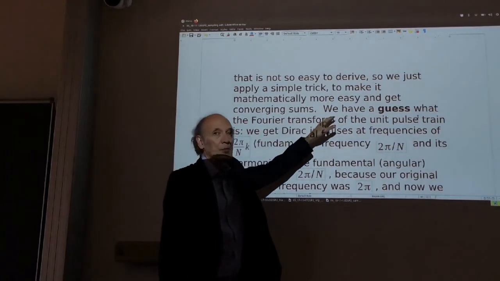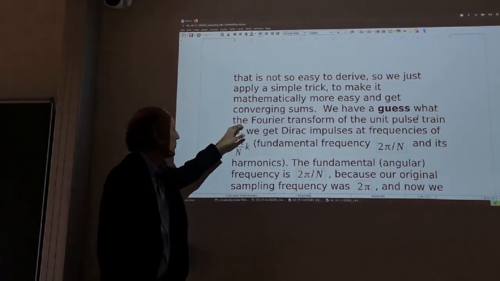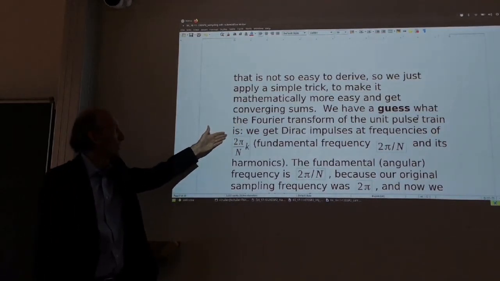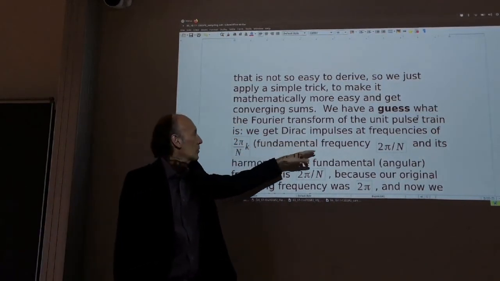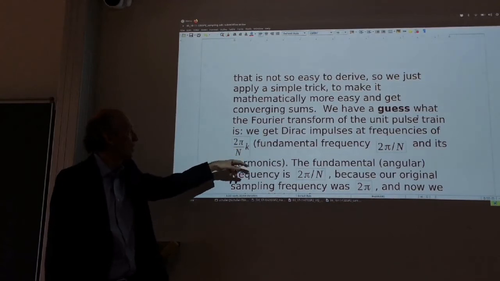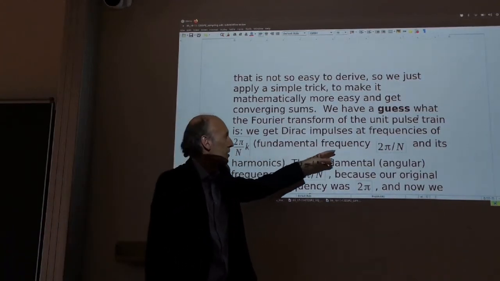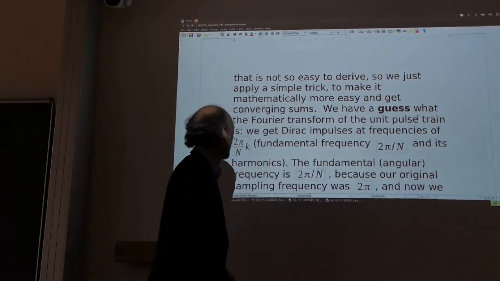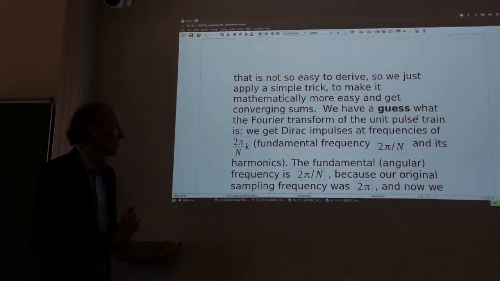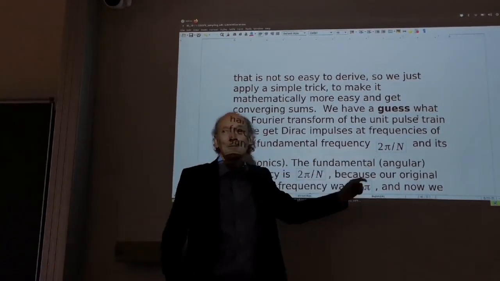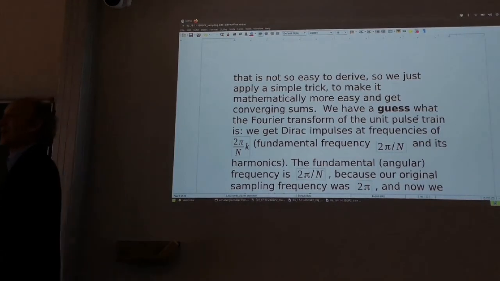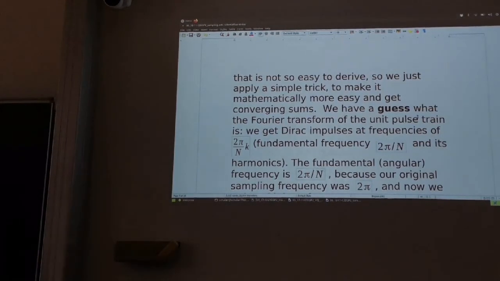So we start in the frequency domain and have to guess what the Fourier transform of the unit pulse train is. We get Dirac pulses at frequencies of 2 pi over N times k, where we have a fundamental frequency of 2 pi over N, and its harmonics. So why 2 pi over N? You have to guess. Do you have a guess why I came to this guess? Yes, exactly.